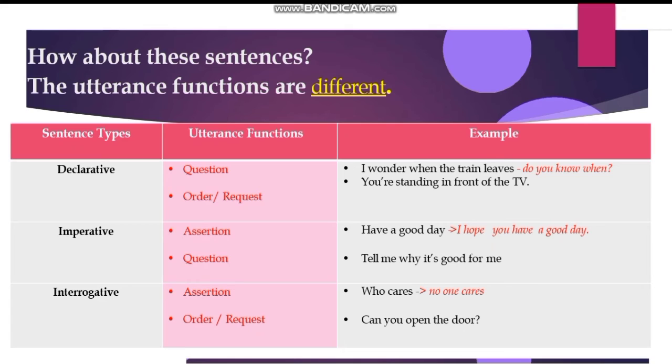The imperative sentence has a function of assertion and question. Have a good day. Tell me why it's good for you. And for interrogative, they have a use function as assertion, order, or request. The example of the sentence is who cares? Can you open the door?